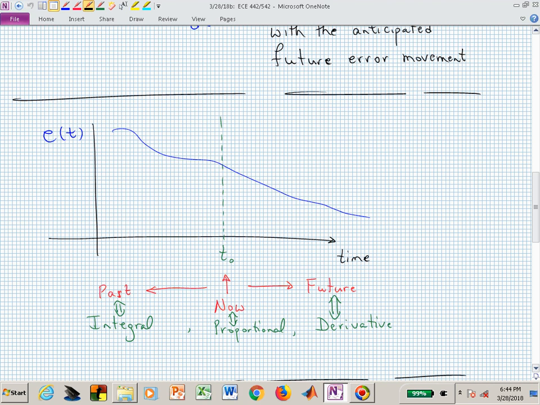The derivative piece, that's trying to anticipate where am I going. If you're now taking the derivative of the error, and you're saying, oh, it's going up, now you can make a correction based on what you're anticipating, or the future behavior of that error is based on the derivative.